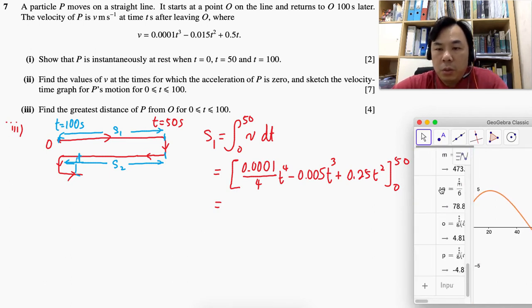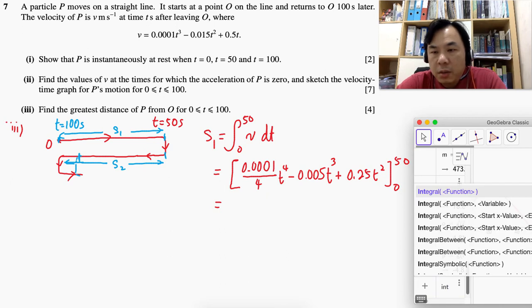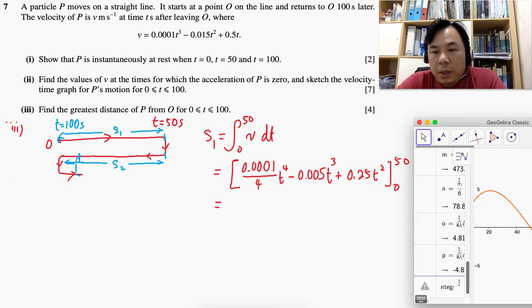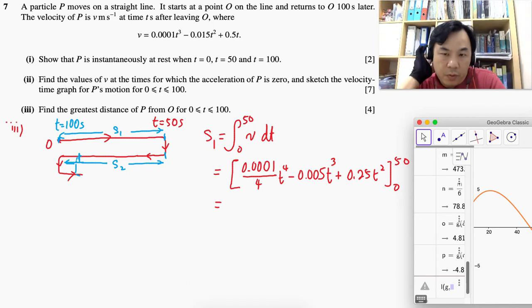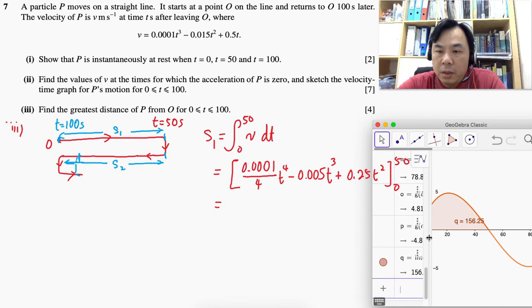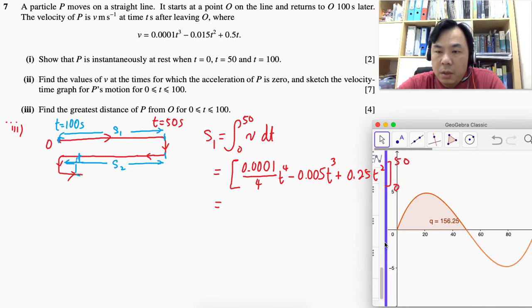Now all I need to do is use my g(x), from 0 to 50. Now you can see that the area obtained here is shown here.